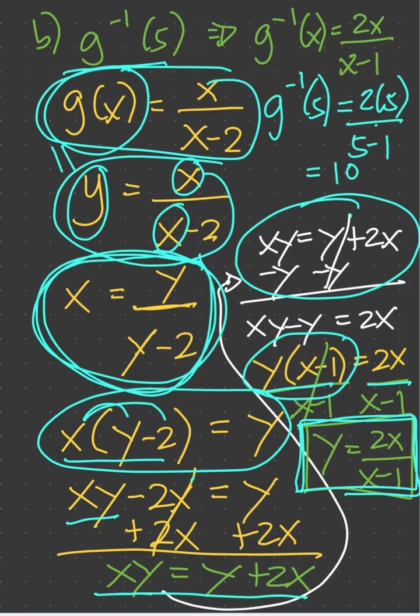So this is 10 over 4, right? And 10 over 4 can be reduced to 5 over 2. So g inverse of 5 is just equal to 5 over 2. Got that? No questions on the first one, g of f of 3? You understand that very well?